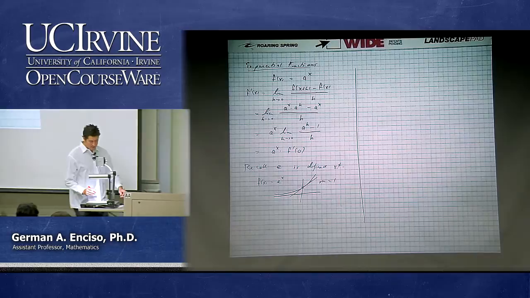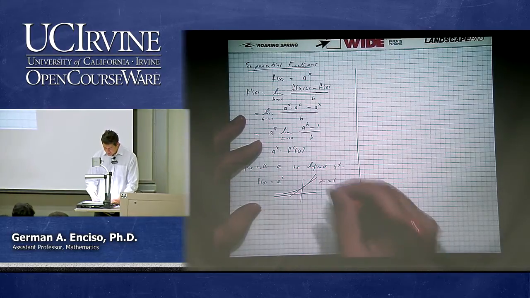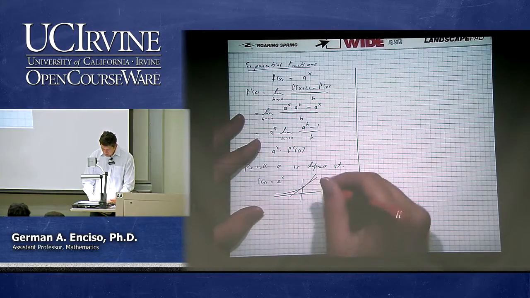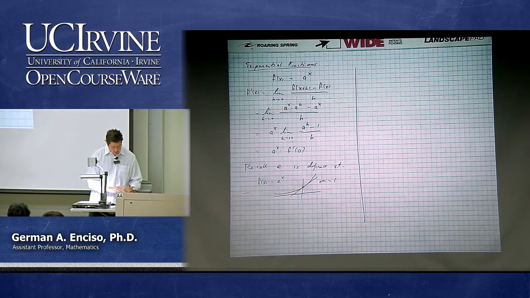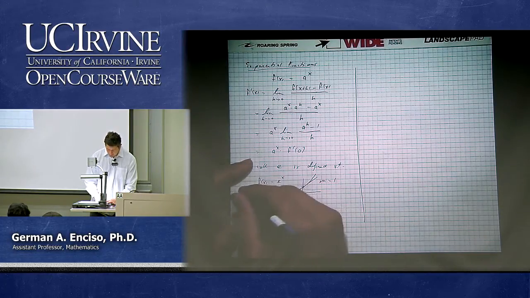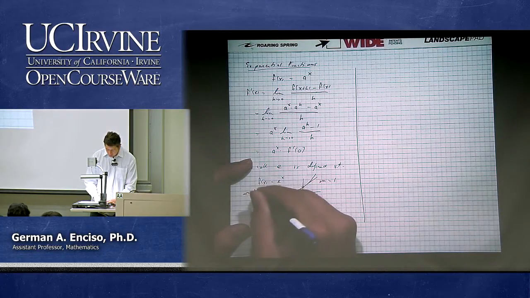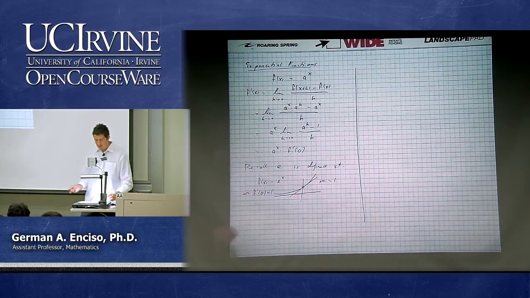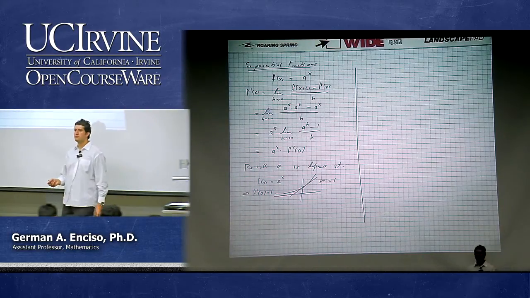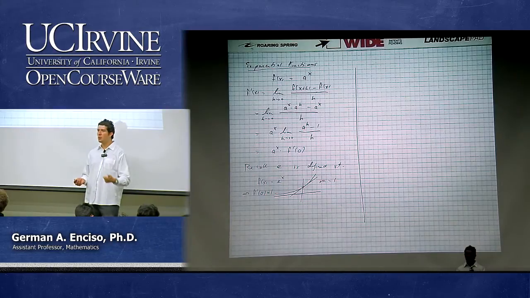It means that if f of x is e to the x, then f prime of 0 is equal to 1. Right? Because f prime of 0 is the slope at 0.